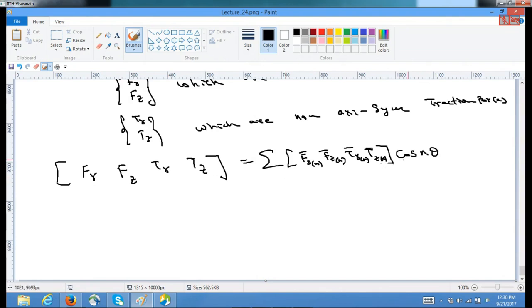Since these are only symmetric parts, we will only deal with the symmetric parts. If you have anti-symmetric components, the anti-symmetric component would be f theta and d theta, which would be a summation of the corresponding terms.